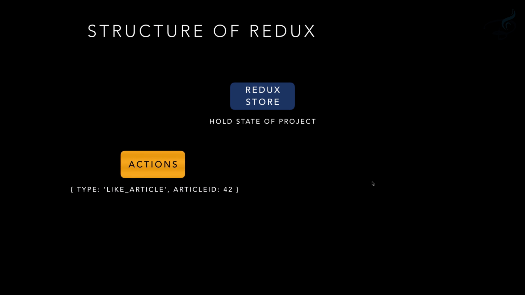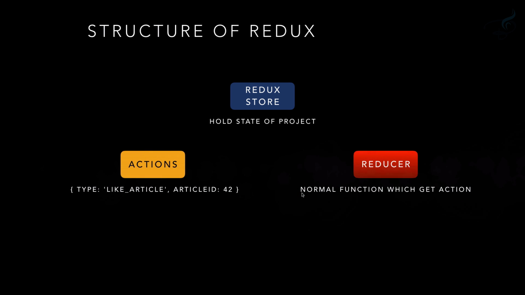Then comes the structure of Redux. Redux includes the Redux store, which holds the state of your application or your project. It's a central store. Then this store includes actions. That means inside the store, information comes from the actions, and actions are just a plain JavaScript object just like this.